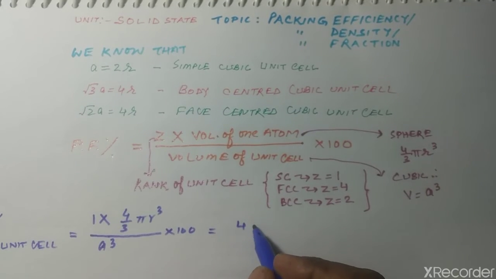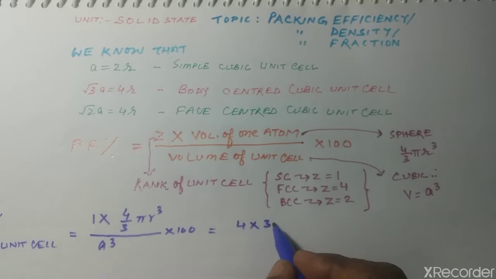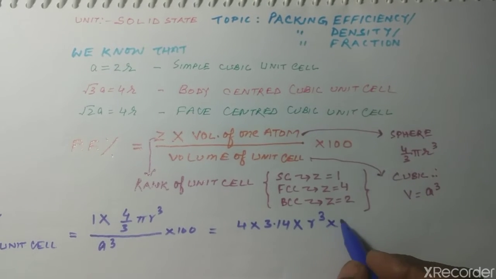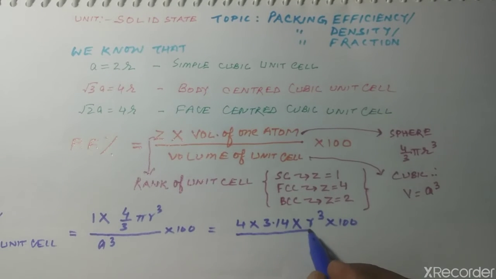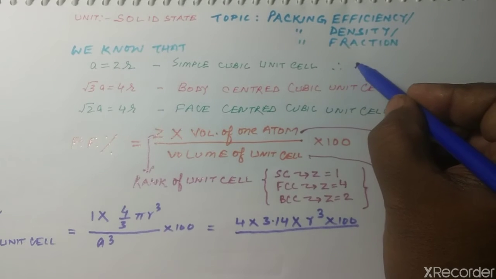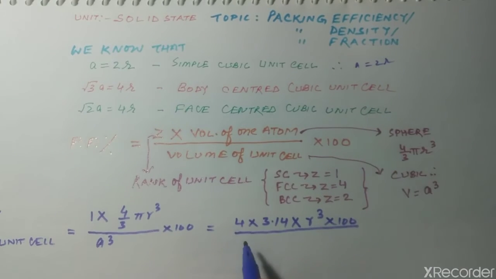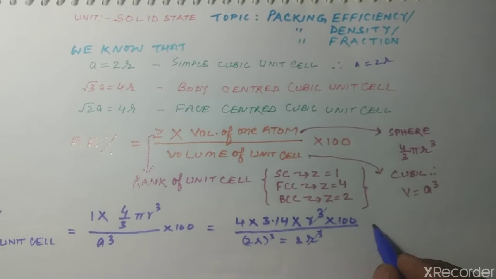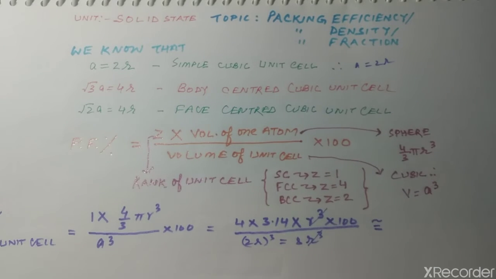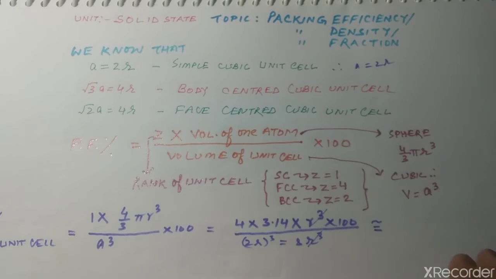This is equal to 4 into 3.14 into r cube into 100 upon a. A की वैल्यू यहाँ से ले लीजिए. Here a is equal to 2r, तो 2r whole cube, this is equal to 8r cube. r cube cancel, and this approximately comes 52%.